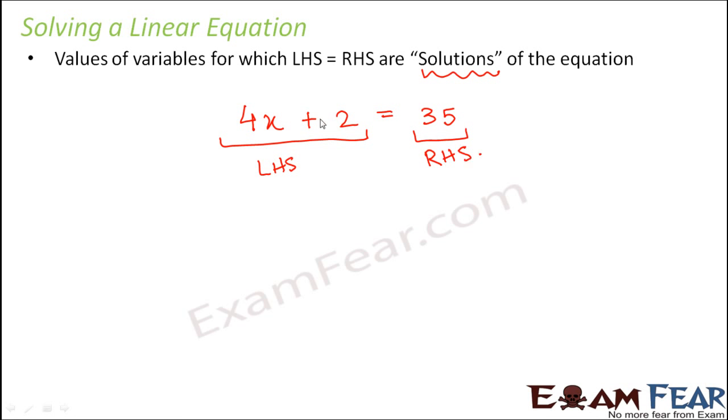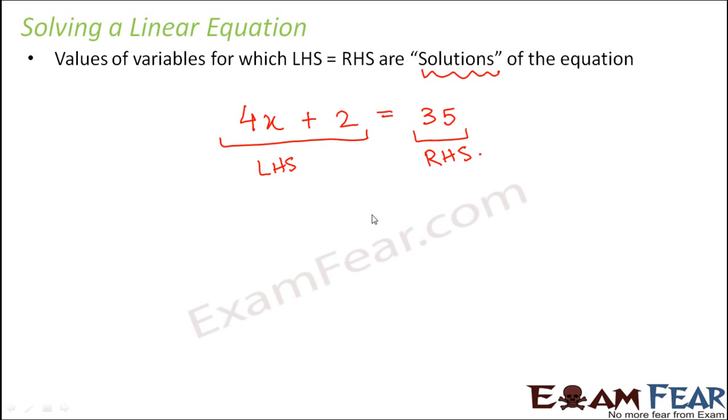Now for RHS, the value is 35, which is going to remain constant always. But for the left hand side, the value of x is not known. There will be a certain value of x for which the left hand side will be equal to the right hand side, because the equation itself says that the value of x should be such that this relation holds true.